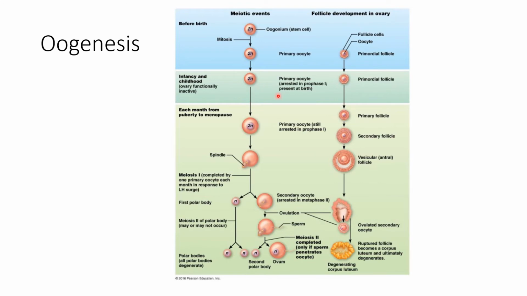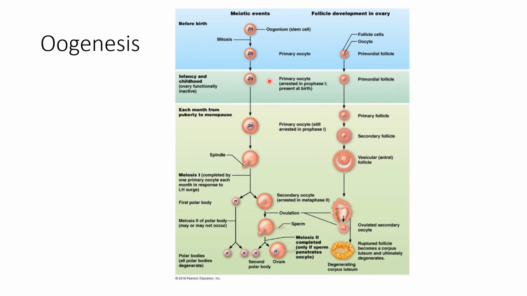So it's not even going to complete prophase 1, it's just gonna freeze right there. By birth, we say that females are going to have their lifetime supply of those primary oocytes.